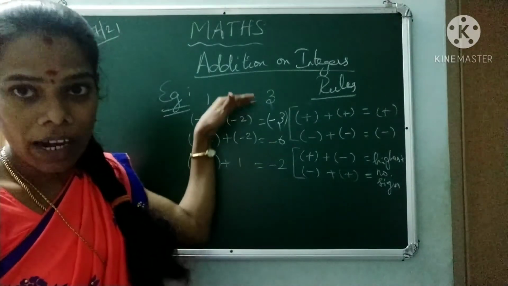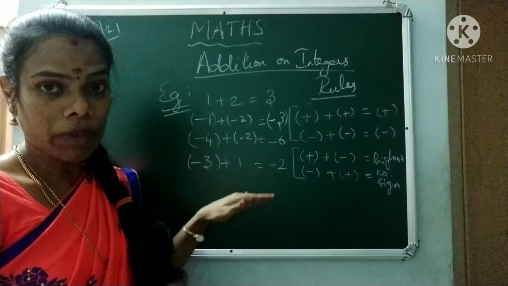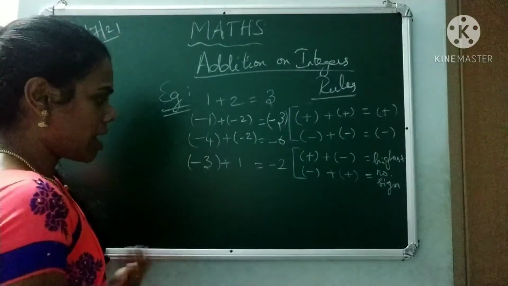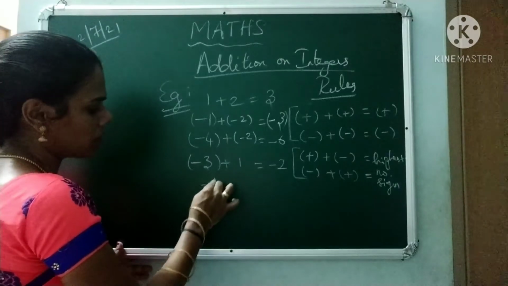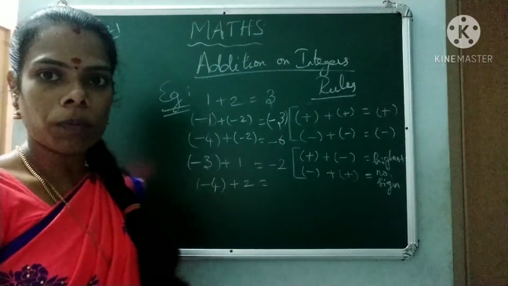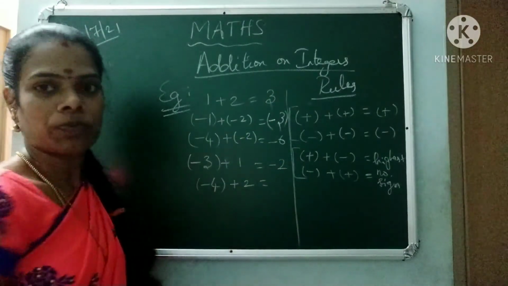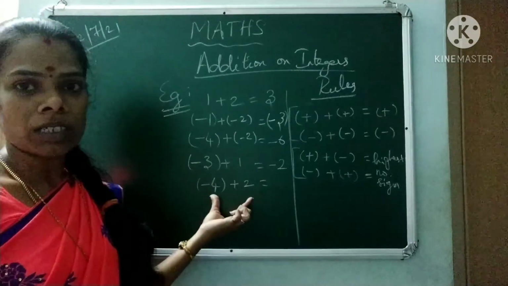These two you have to do addition, and if you have different signs, you have to take subtraction. Remember, again we can go for another example. Suppose I am taking minus 4 plus 2. What is your answer?